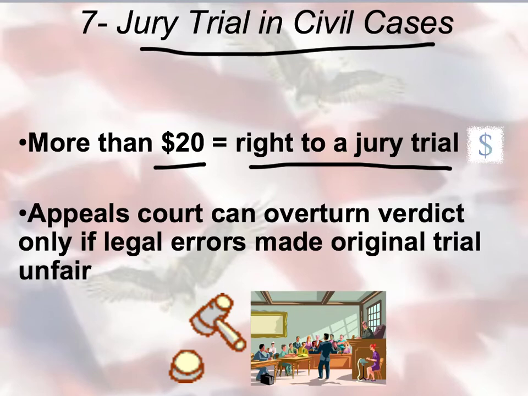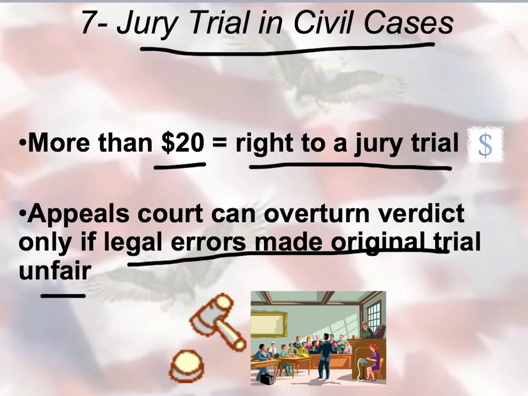All right, and finally, appeals courts can overturn verdicts only if legal errors are made in the original trial, or if the trial is found to be unfair. You hear this all the time. The guy's been found guilty. Well, I'm going to appeal. Well, guess what? You can appeal, and the only way you're going to be allowed another trial is if there were legal errors made in the original trial, or if they can find that there was jury tampering, or your lawyer was incompetent, something like that.